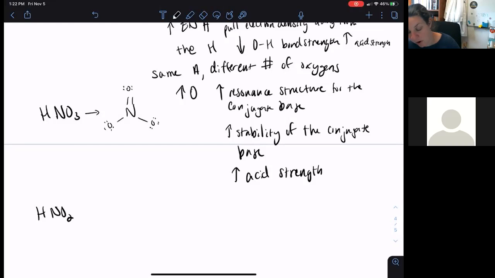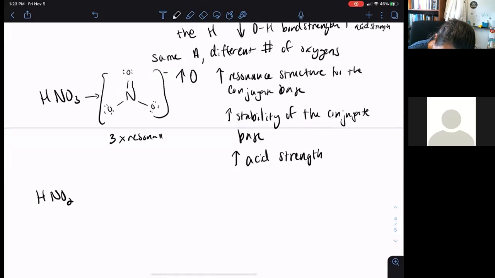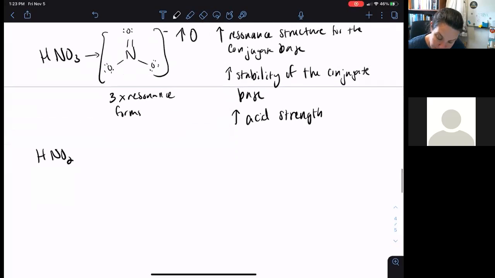we have a couple of different resonance structures that we can have for this. We can have this one, or that double bond can go around the structure. So there are 3 resonance structures with our conjugate here.